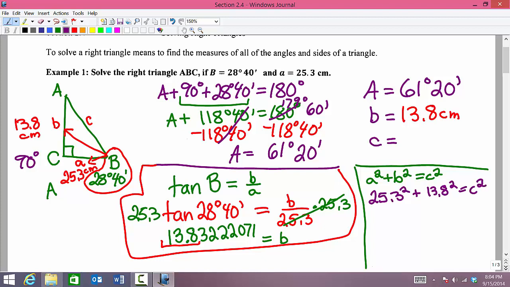Okay, we can just put this into our calculator exactly as we have it. 25.3 squared plus 13.8 squared. Enter. We get 830.53 is equal to C squared, and now we need to take the square root of both sides, and all we have to do is put that into our calculator.